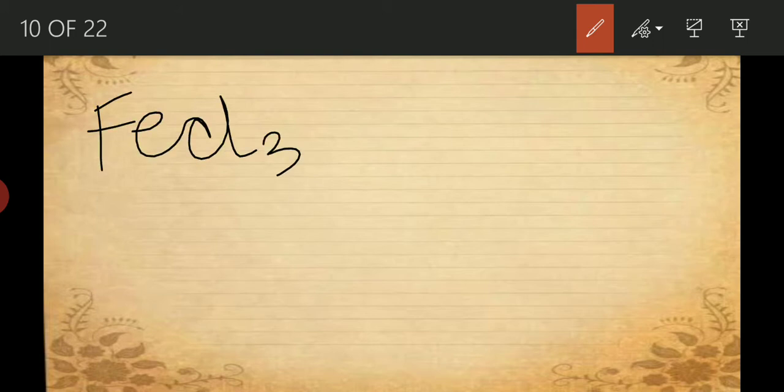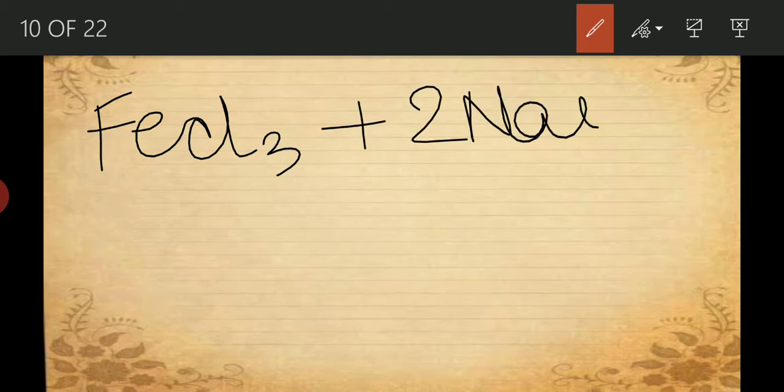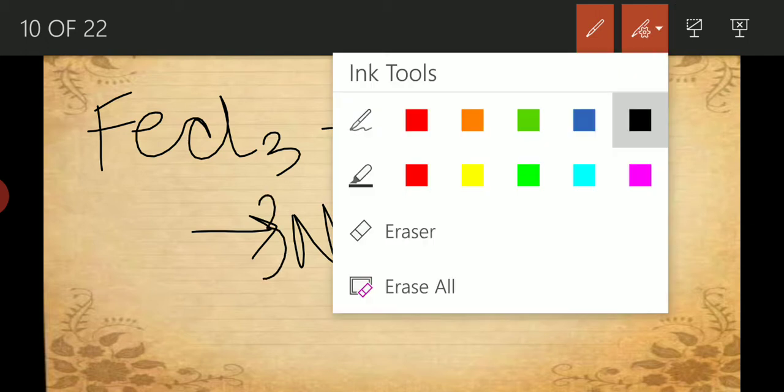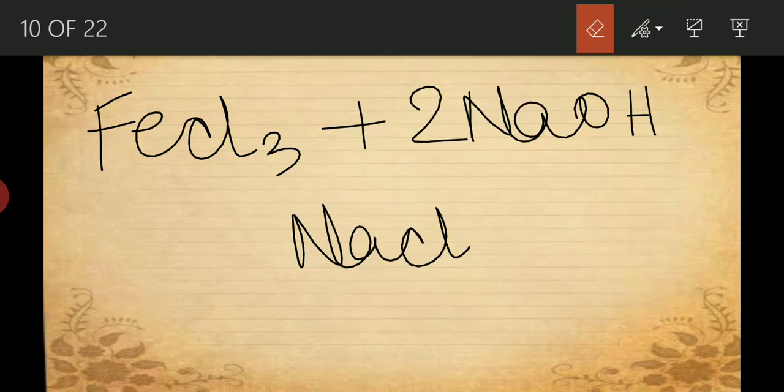Next is ferric. So let's take ferric chloride, FeCl3. And we will react it with NaOH. We will get NaCl, and we will get ferric hydroxide.